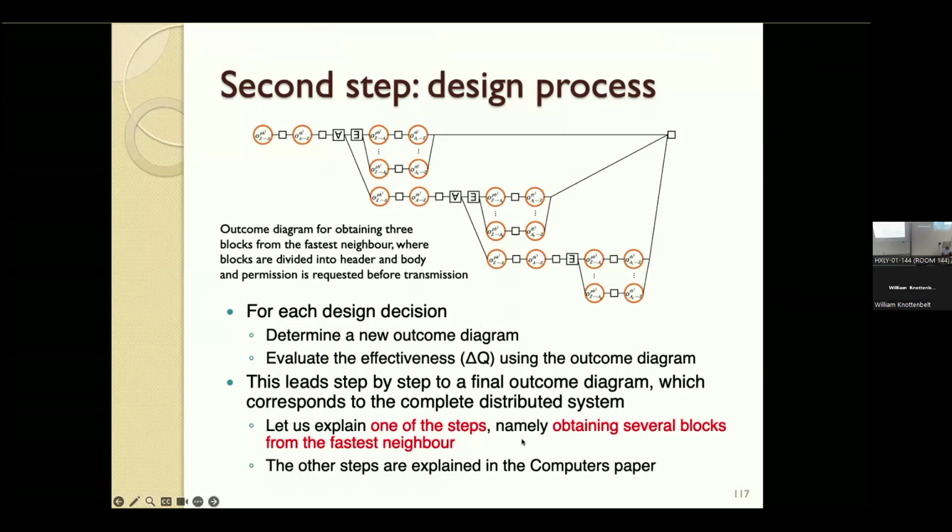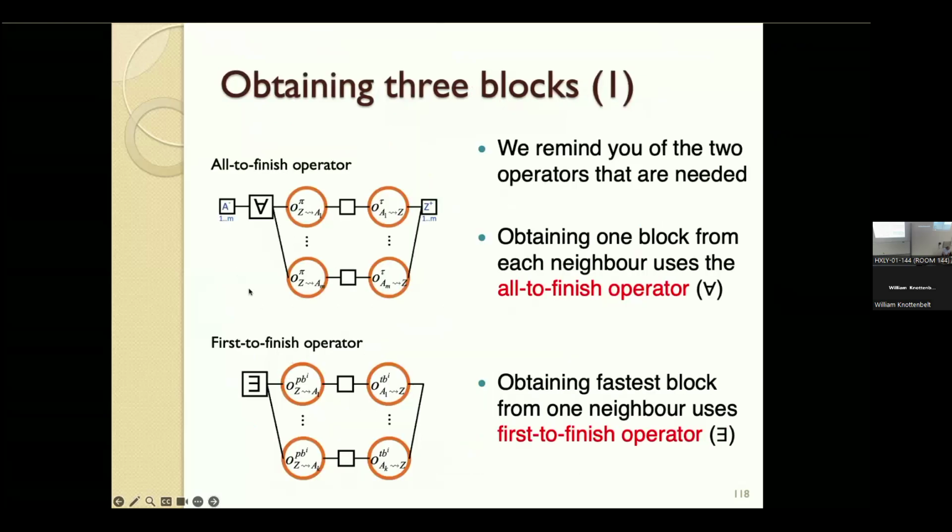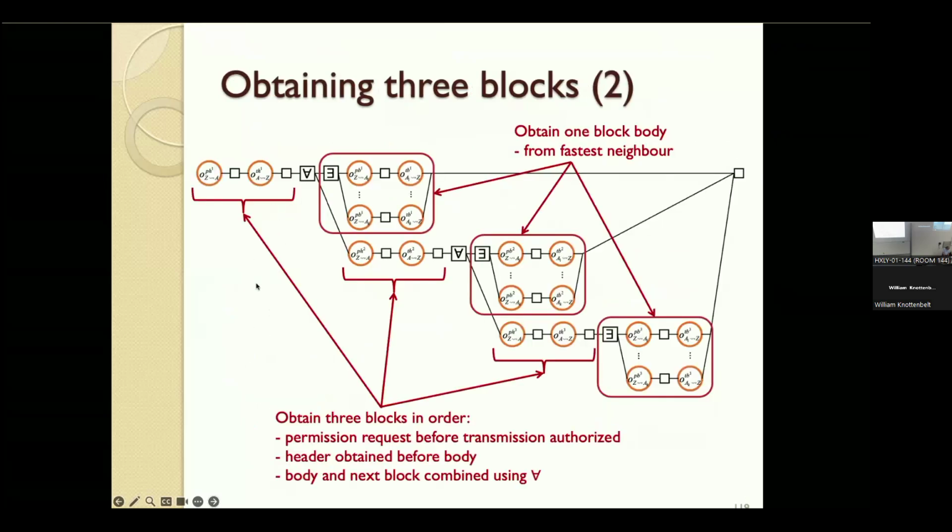So one of the steps, the all to finish and first to finish, I don't explain it again. So here we can go more into how it's working. If you look at the top left here, Z and A are the source and destination, if you can read it.